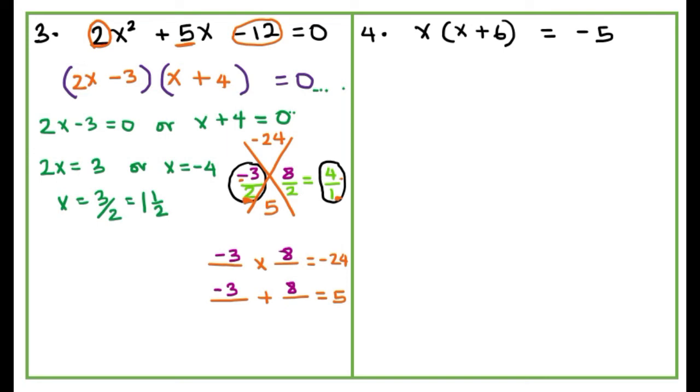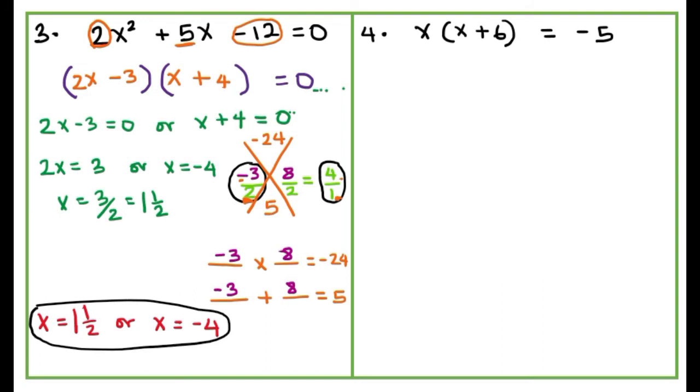So our final answers are x is 1 and 1 out of 2, or x is negative 4. So these are the solutions to our quadratic equation.